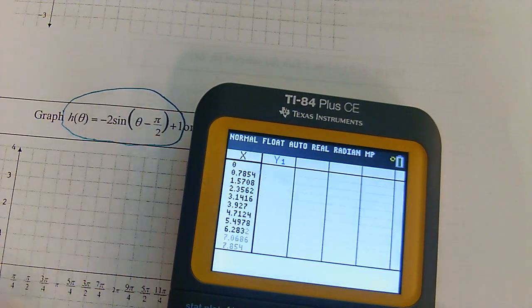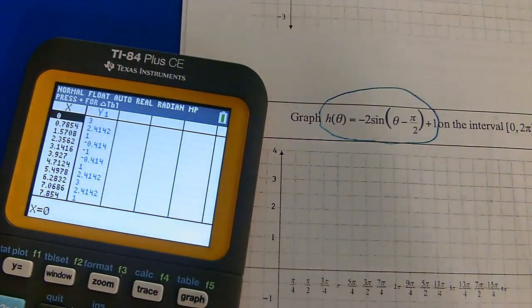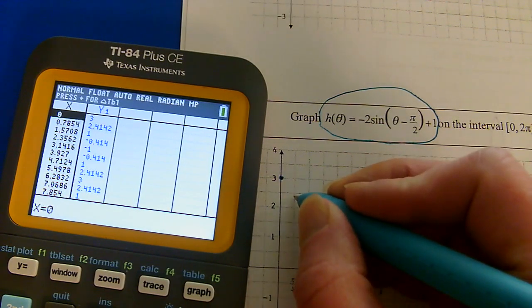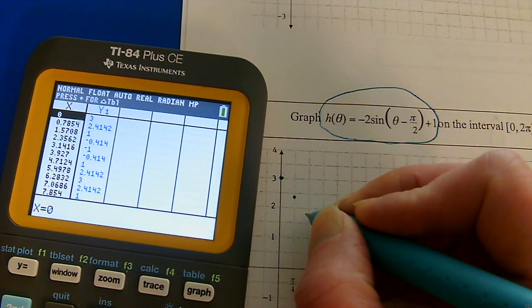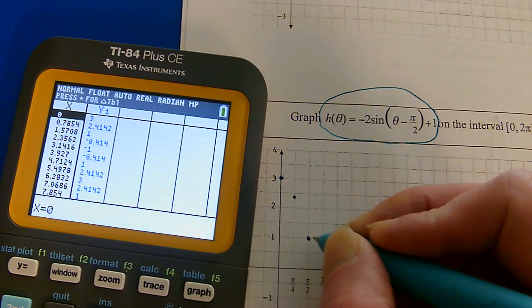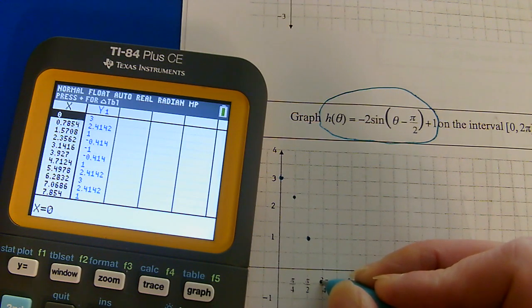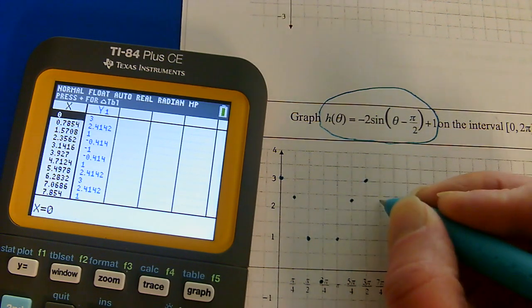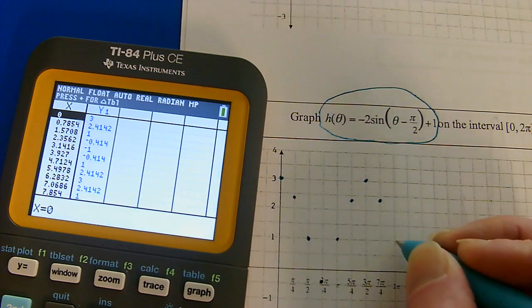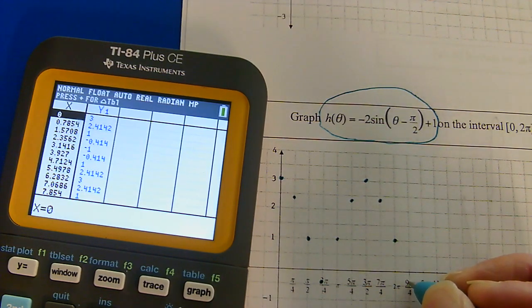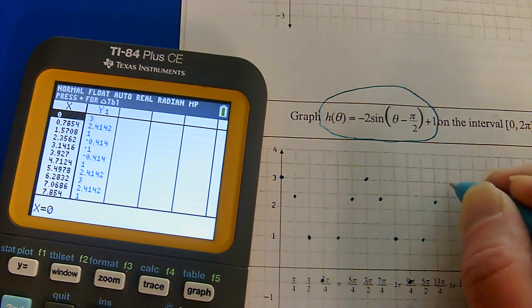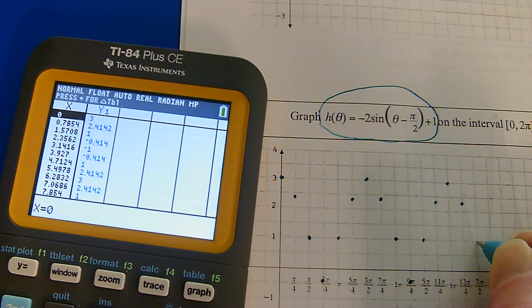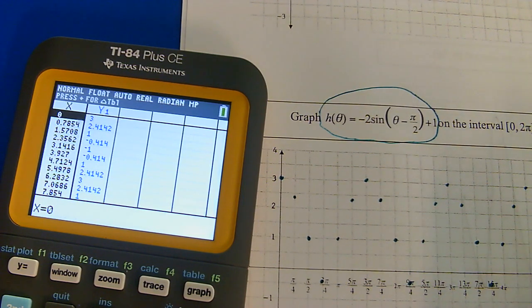Let's go ahead and go to the table and use that to plot our points. So 3, 2.4, and the next one is a 1, then negative 0.4, then back to 1, 2.4, 3, 2.4, 1, getting the pattern, negative, there, up, there, up, there, and there.